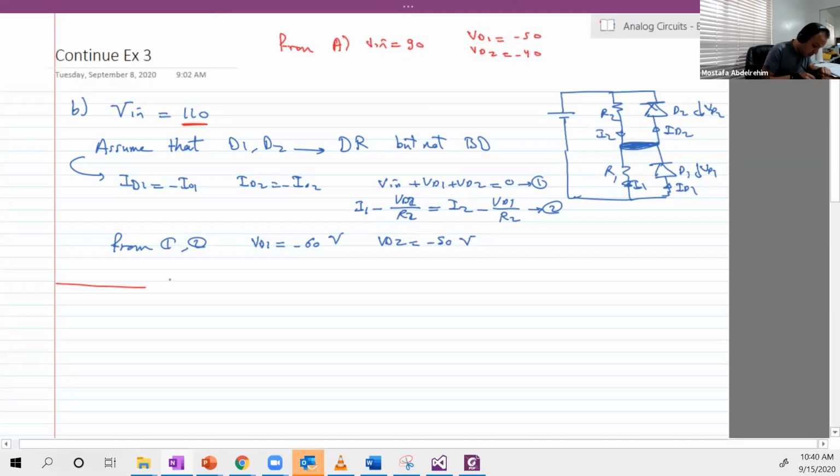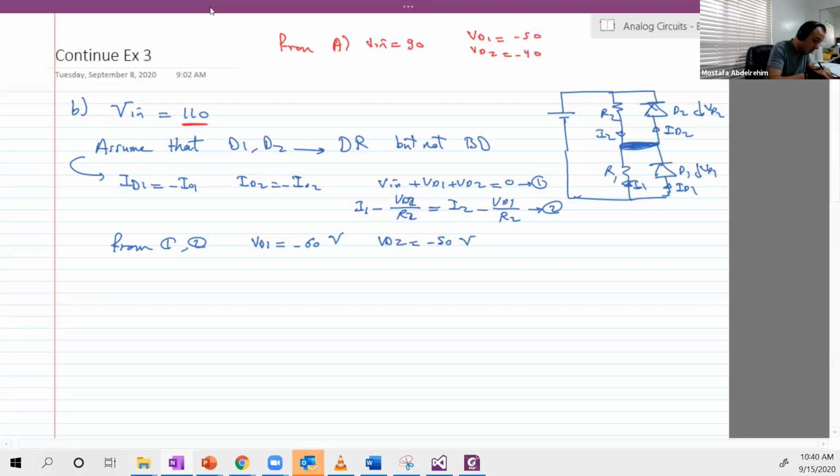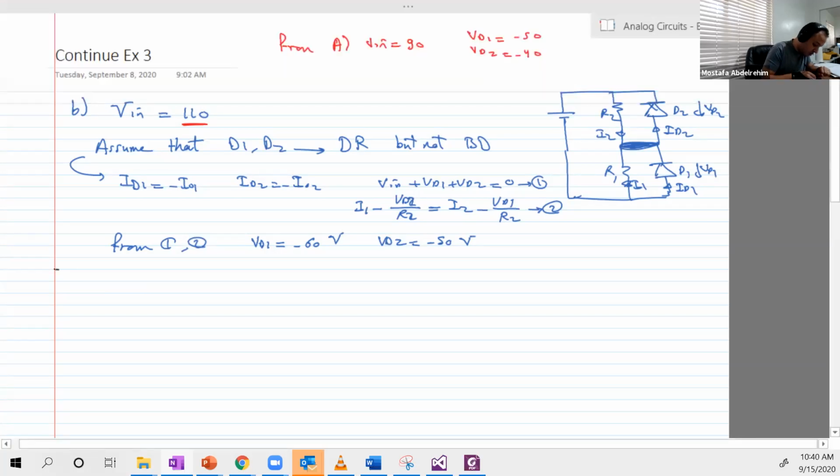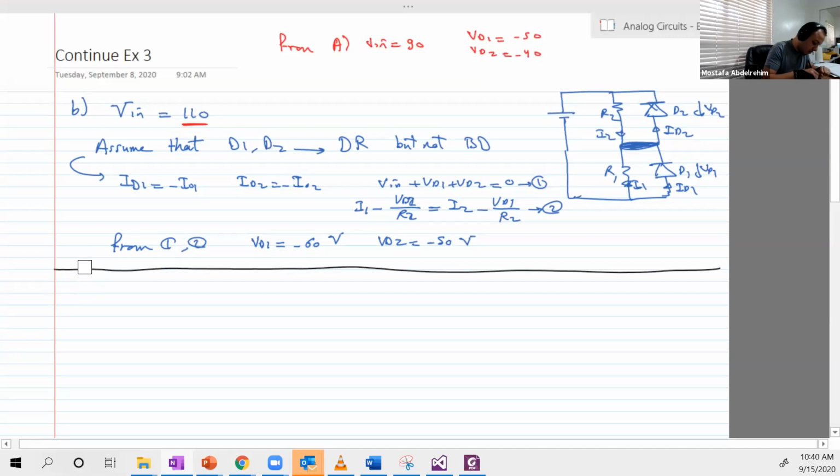Let's assume an incorrect assumption again, just for your information. Let's do it in red to be compatible with our notation. Assume D1 goes to breakdown, for example.